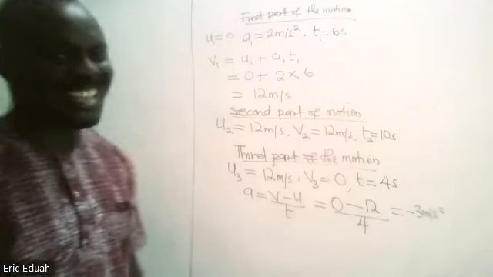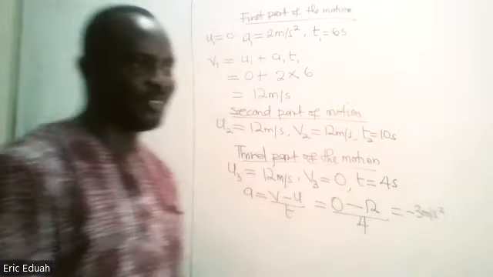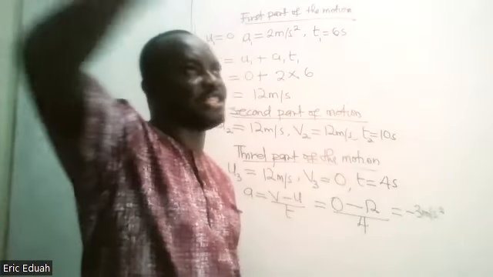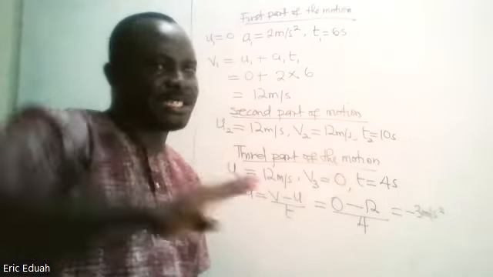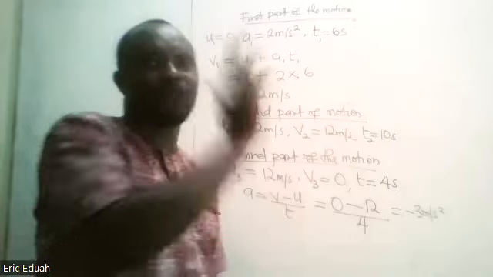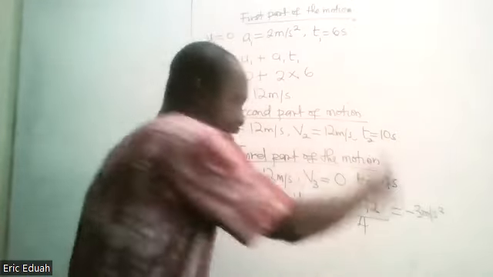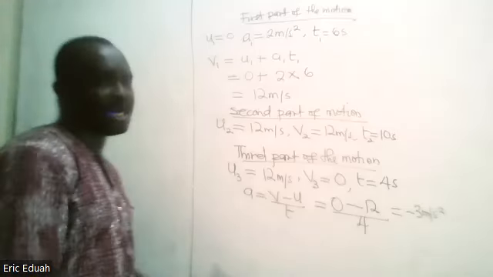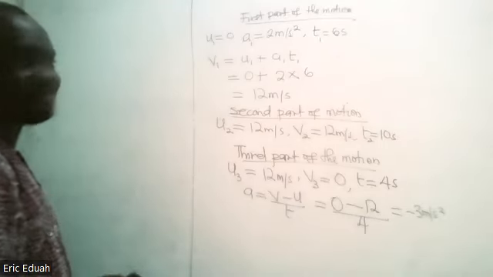The time won't be negative, but with deceleration the final velocity is less than the initial, and acceleration is the change in velocity over time. So the numerator will be negative, whereas the denominator, time, cannot be negative.